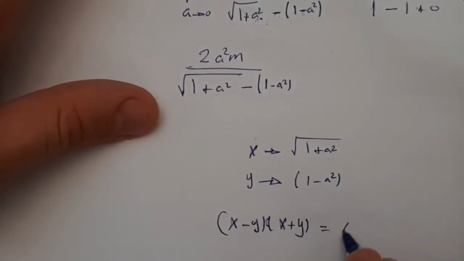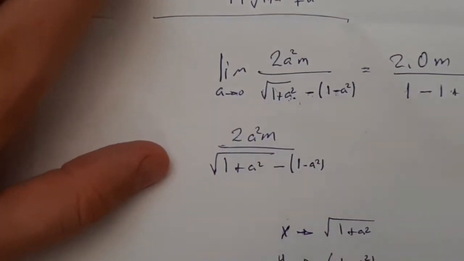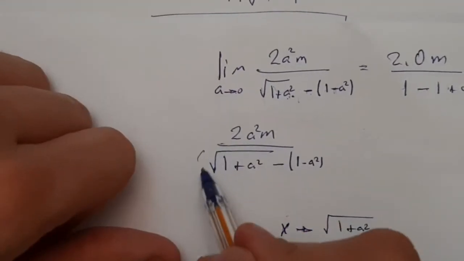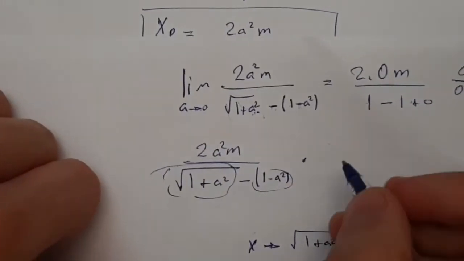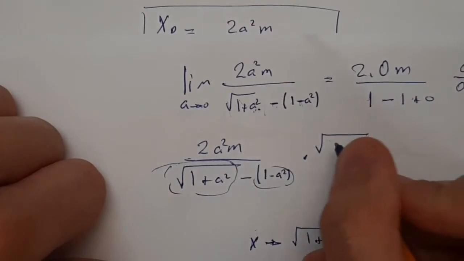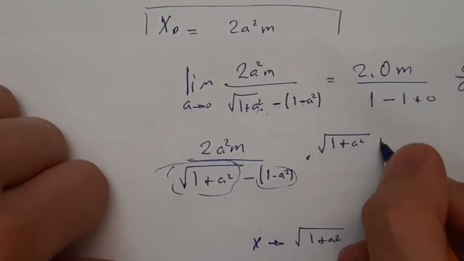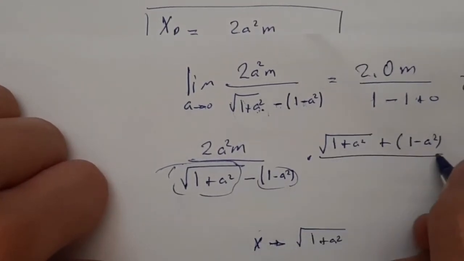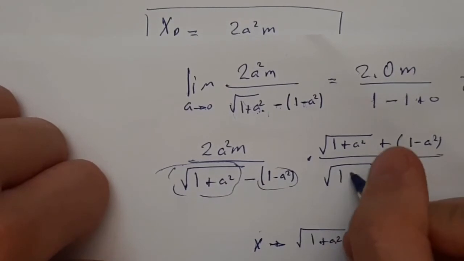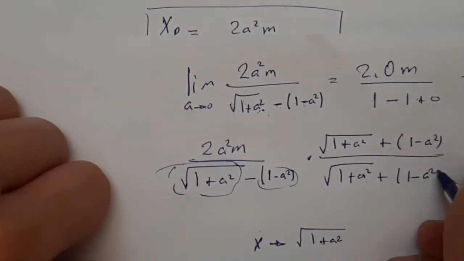Is equal to x squared minus y squared, right? This is the same over here. We have something minus something. So what I'm going to do is multiply it by 1. By 1, because if I multiply it by 1, I'm not changing anything. But I'm going to do this one a bit different. So 1 plus a squared plus 1 minus a squared.